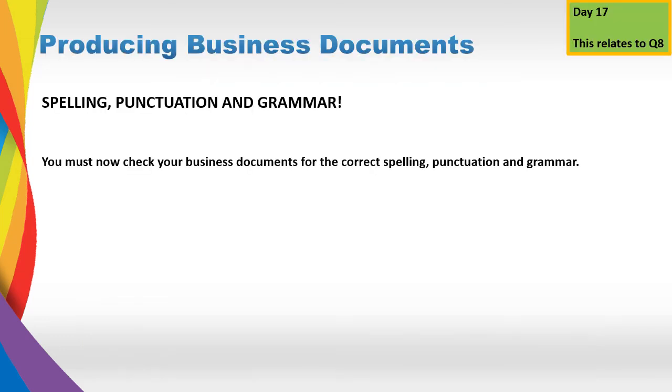On to question 8. This is where your spelling, punctuation and grammar are crucial. If there's something wrong in your spelling, your punctuation or grammar, it needs to be corrected because these have to be perfect. If you've done this by hand and you've got a mistake, then you're perhaps going to need to draw it out again and repeat the process.